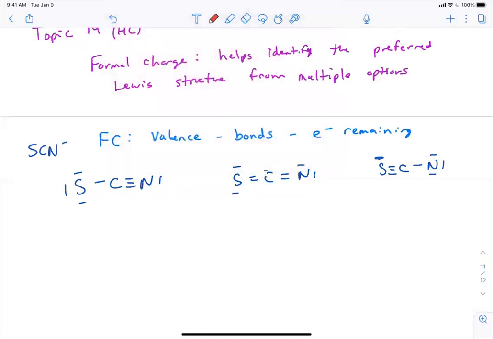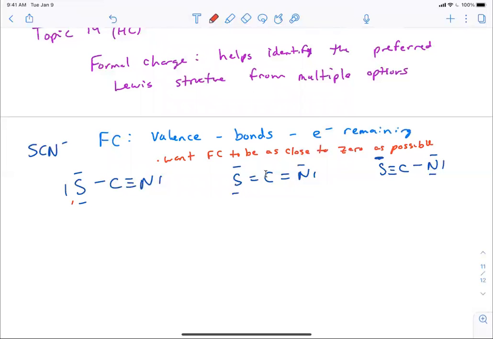But one of these is better or more preferred than the others based on the formal charges. Okay, and so you can write this on the side. I just don't have space here. You want formal charge to be as close to 0 as possible. Now, the sum of it equals the overall charge, but you want them to be as close as possible.